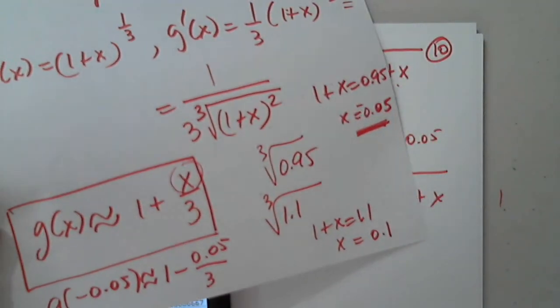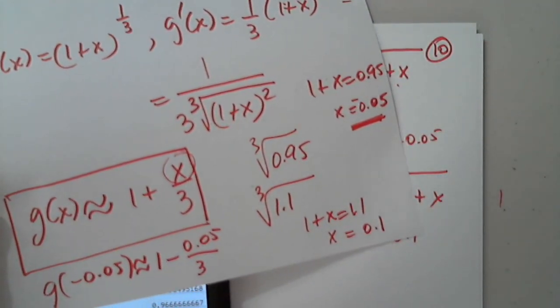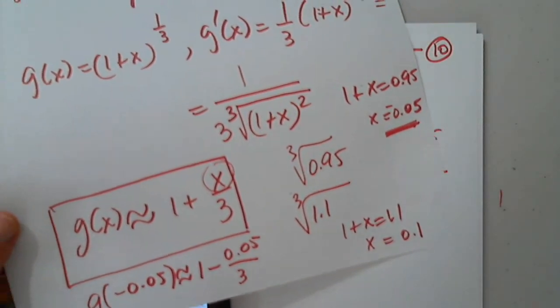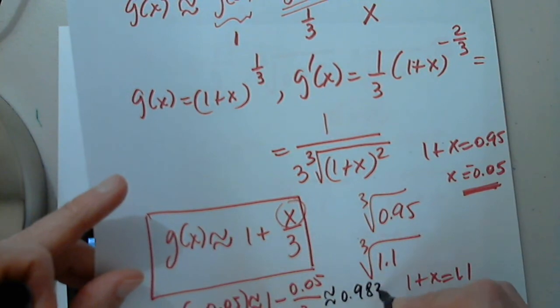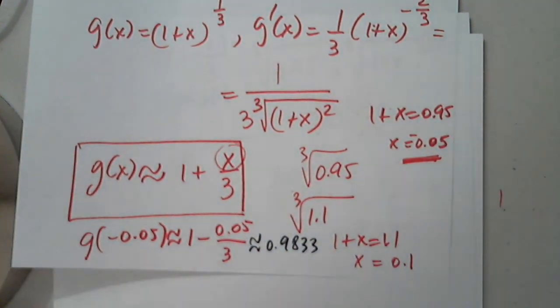And what was the other one? 1 minus 0.05 divided by 3 is 0.9833. Is this okay? Yes, thank you. And you can always go back.